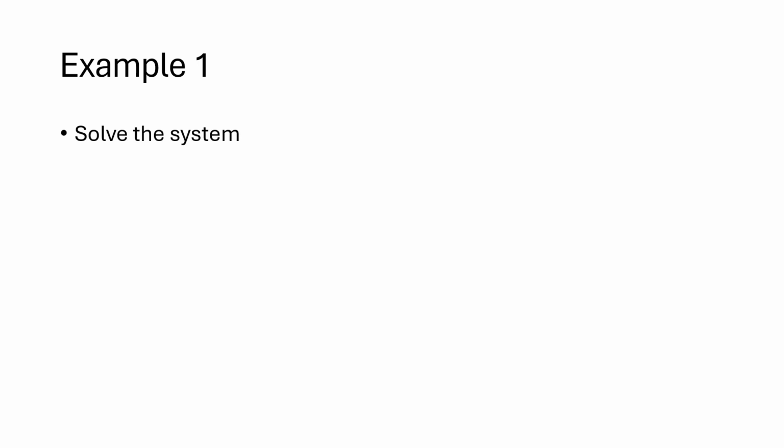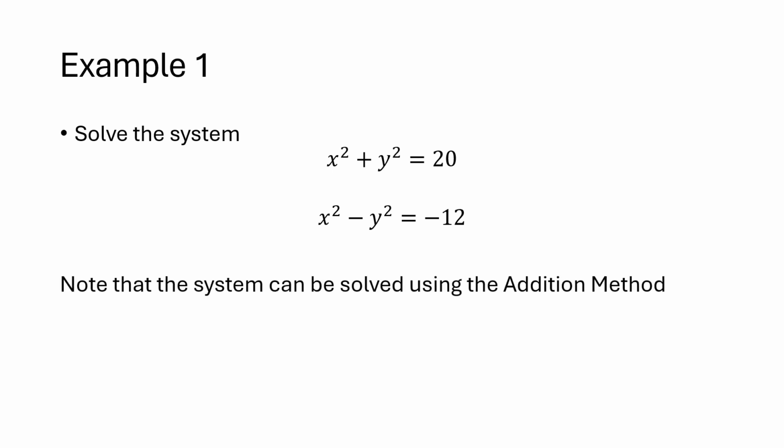So we're going to start with the first example. So we have x squared plus y squared equal 20 and x squared minus y squared equal negative 12. Notice we can solve the system using the addition method.